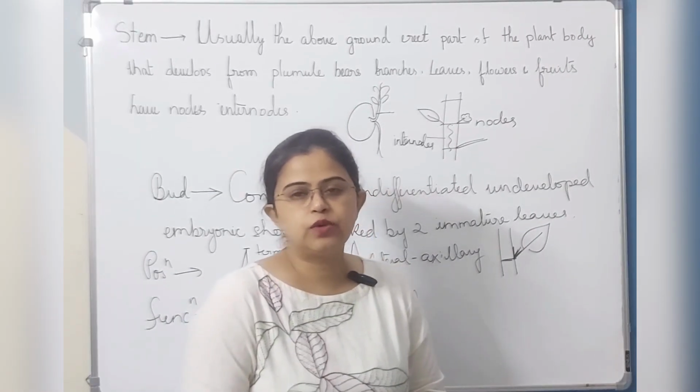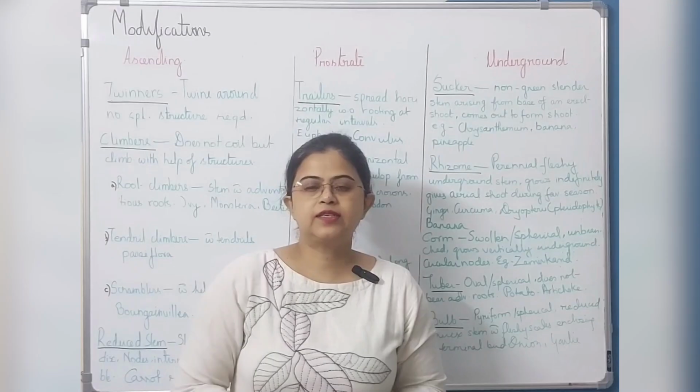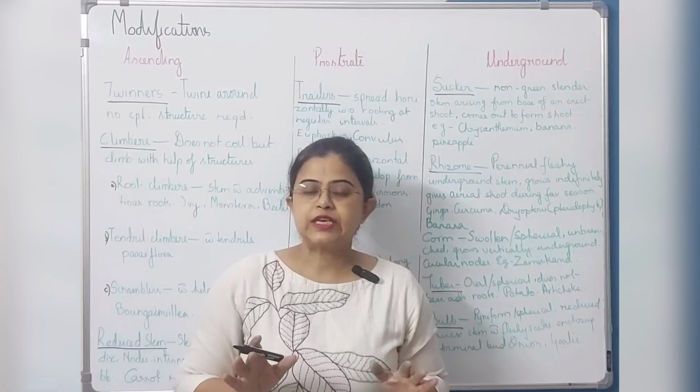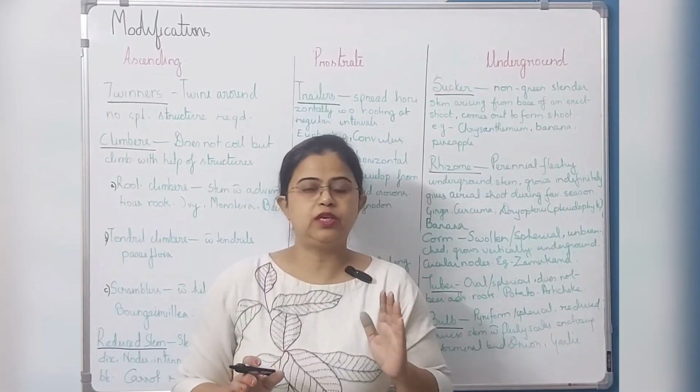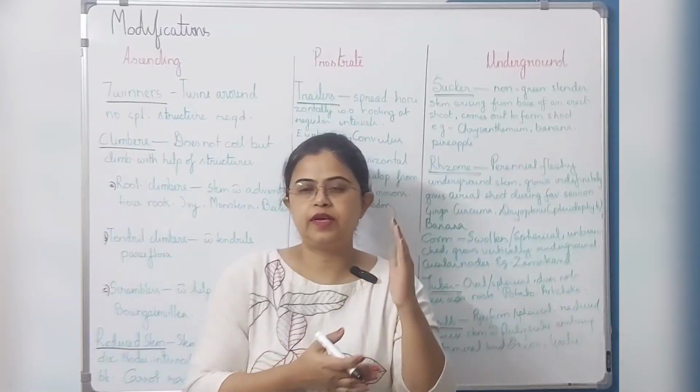Okay, so let us look into the different structural modifications of stem. Now let us look at few modifications of stem. So stem क्या होता है? It usually is an erect structure above the ground, right?